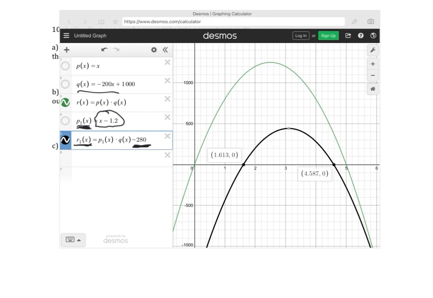When the price is above $4.59, we're also in negative profit. So our price has to be somewhere between these two x values in order for us to make any profit. And again, our maximum profit is going to occur here at this price of $3.10 with a profit of $442.